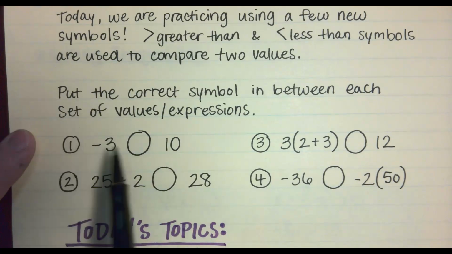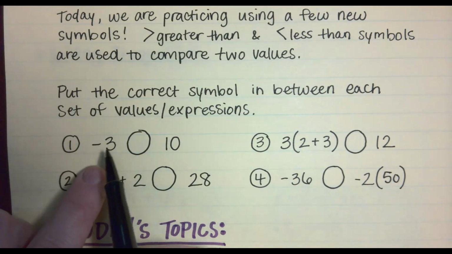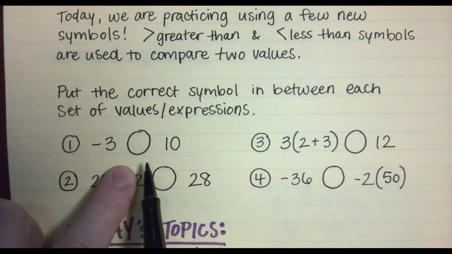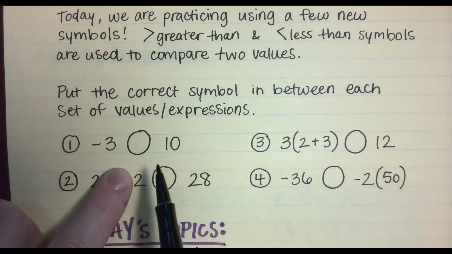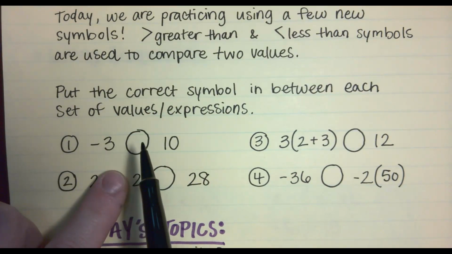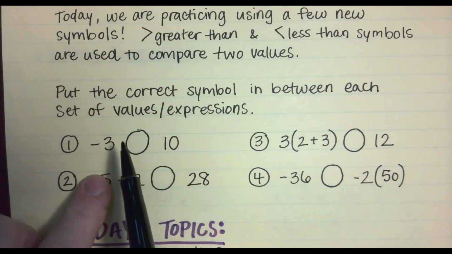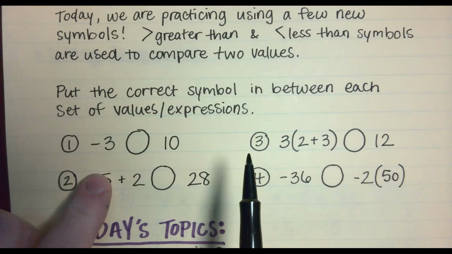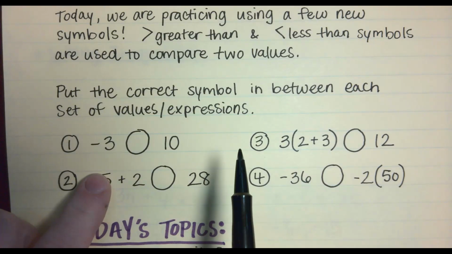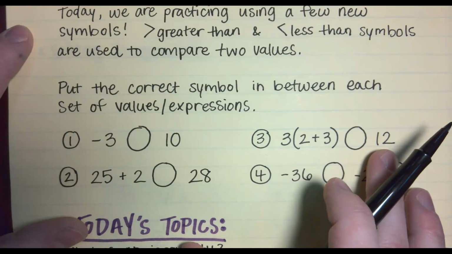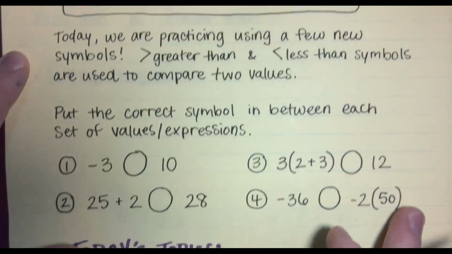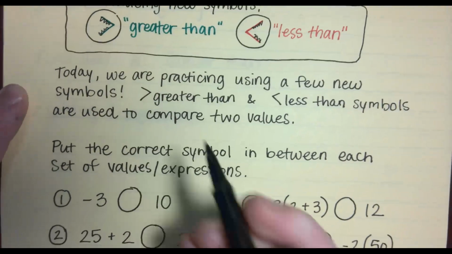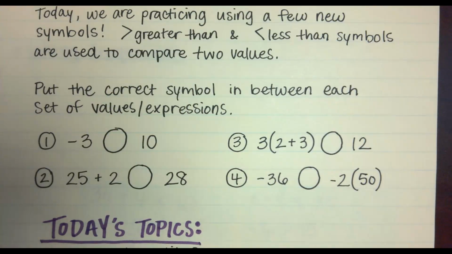In number 1, I have -3 is what than 10. So I need to know, is -3 less than 10, or is -3 greater than 10? What do you guys think? Less. It's less than. So here's where those teeth are going to make sense. I see this is my less than symbol, so I'm going to write that in right here.